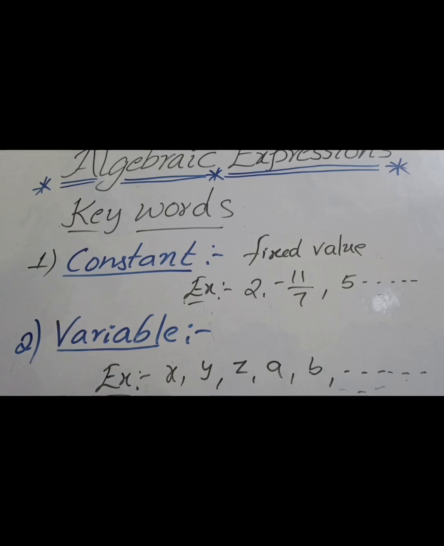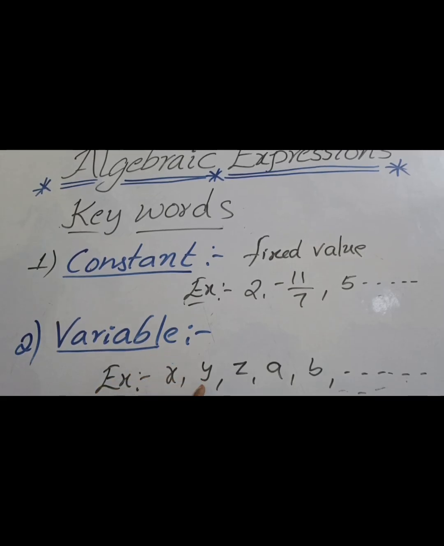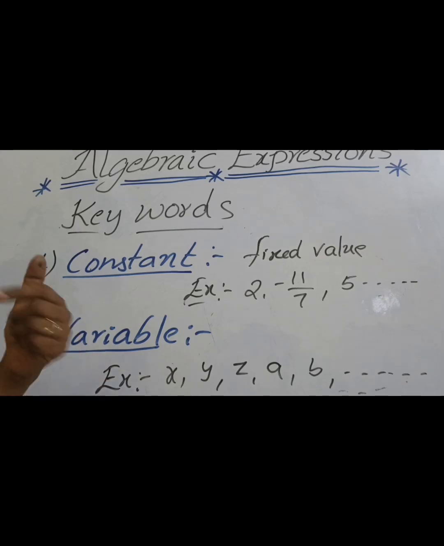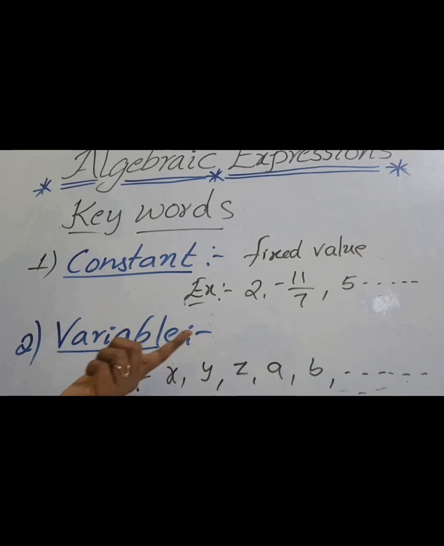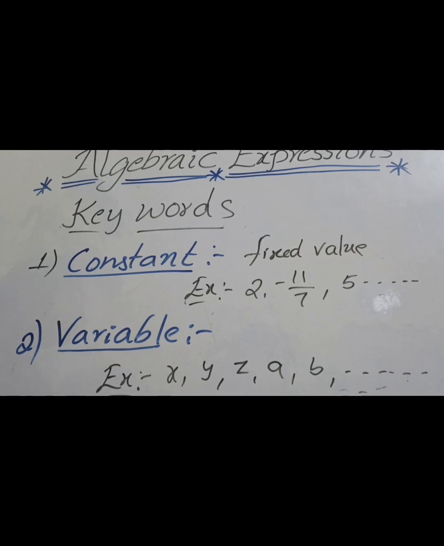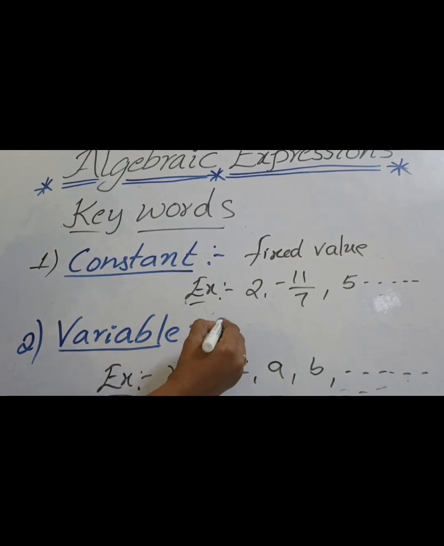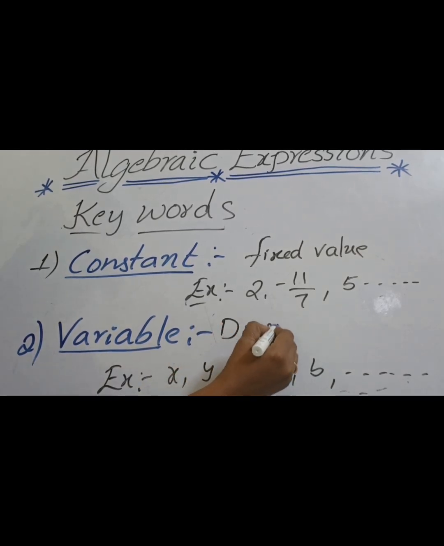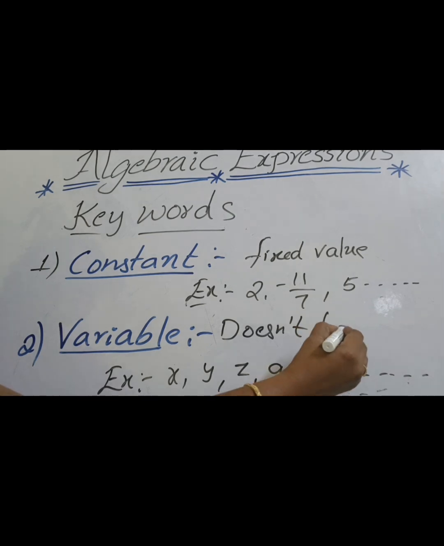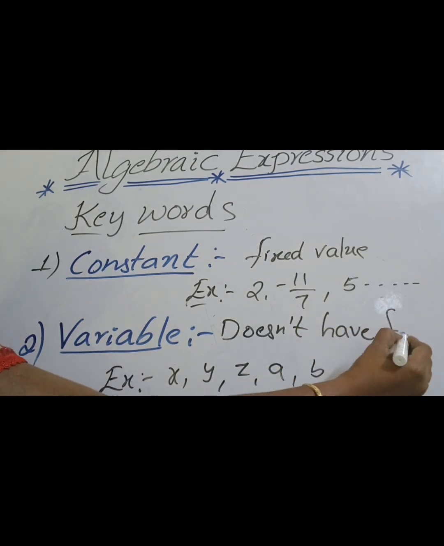The x value we may change, and the y value also, it is not equal to 1 every time. Y equals 1, y equals 2, like that. It will change. So that's what variables are. They don't have a fixed value.